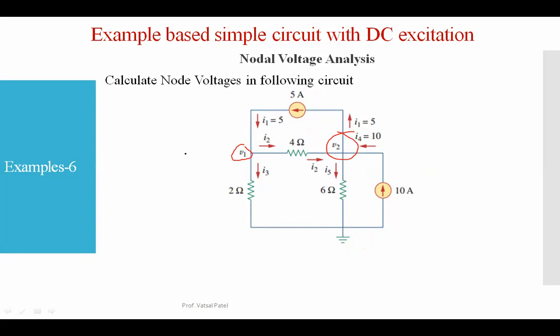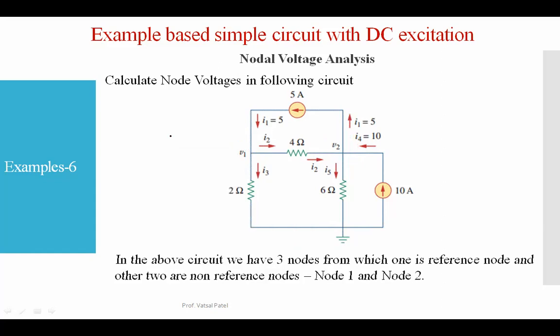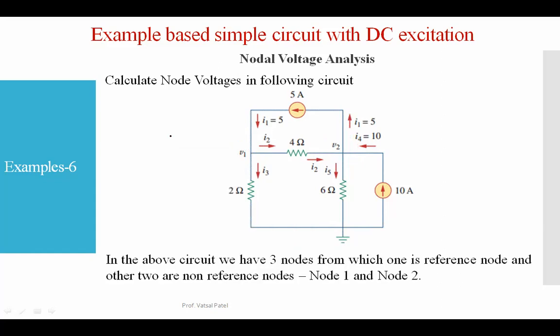Now, according to this diagram, we have to apply the node analysis method. In total you have three nodes. One is the reference node and the other two are non-reference nodes, node number one and node number two, V1 and V2.